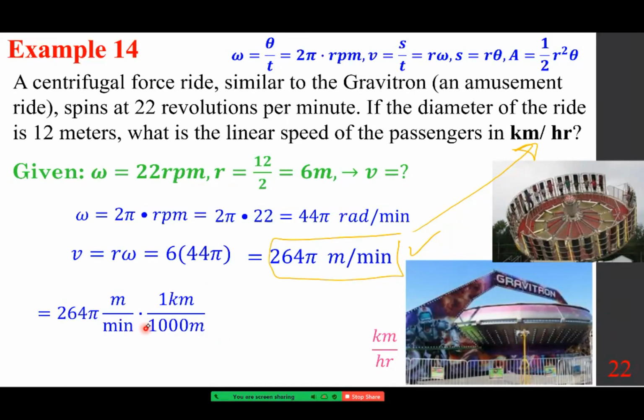Now, per minute, remember 60 minutes is equal to 1 hour. Because we want the hour at the bottom, we put the minute at top, so it cancels: 60 minutes over 1 hour. Okay, and now you do the math with the pi with a bunch of decimals, so it's almost 50 kilometers per hour. That's pretty fast, 50 kilometers per hour, almost.